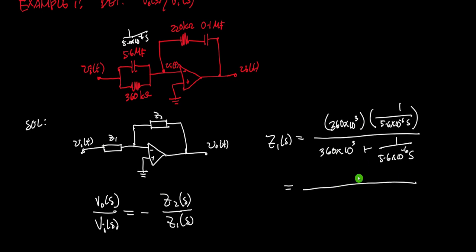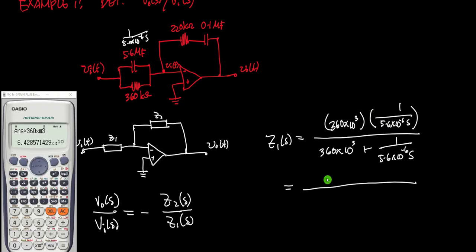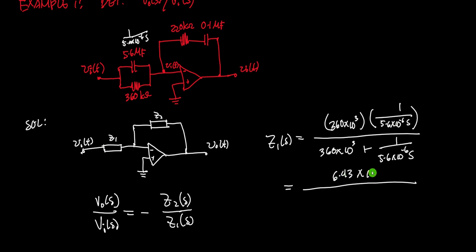So we can simplify that by adding these two. What is 1 over 5.6 times 10 to the negative 6?